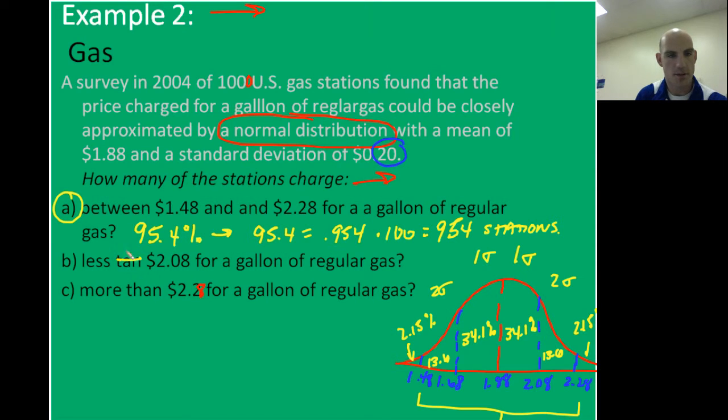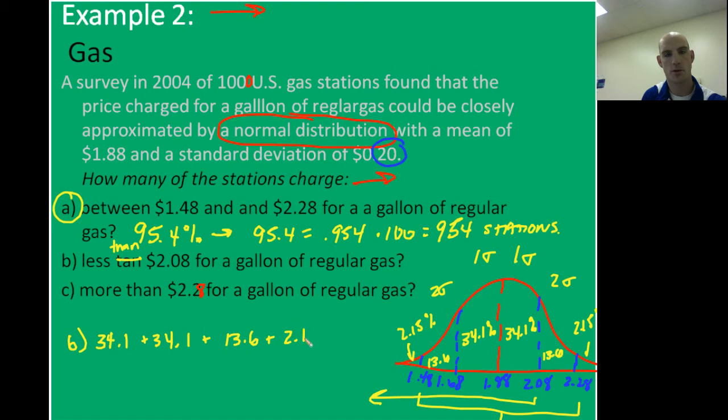What about less than $2.08? Well, less than $2.08 would give us from here over. If we add up the percentages, we get 34.1 plus 34.1 plus 13.6 plus 2.15, and all of that together gives us a total of 50%.